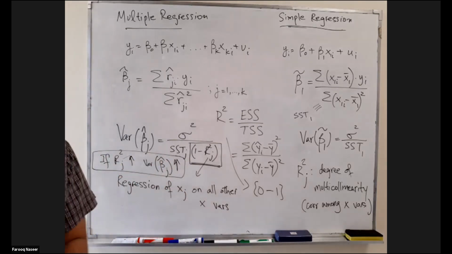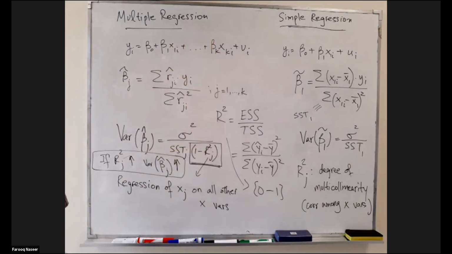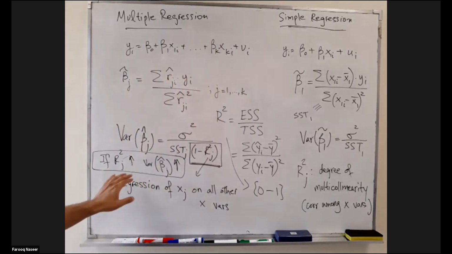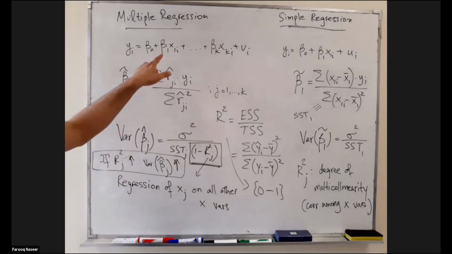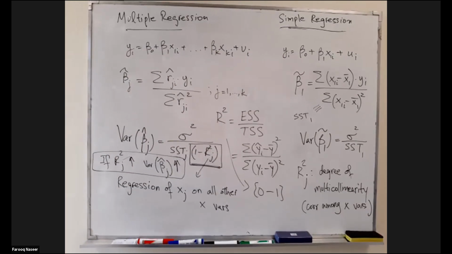So basically what's the upshot? The upshot is that adding other x variables which are highly correlated with x1 is going to increase the variance of my beta 1 estimate, right, due to this multicollinearity problem.